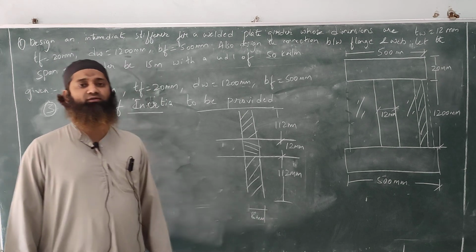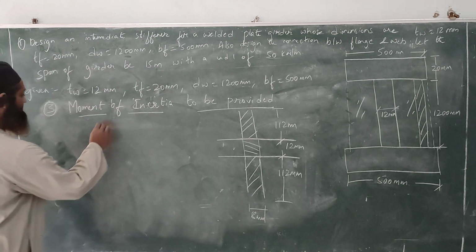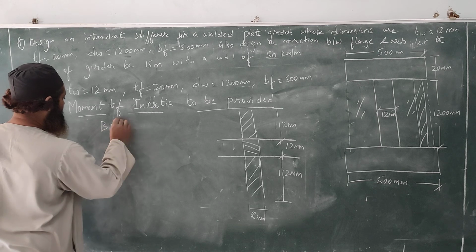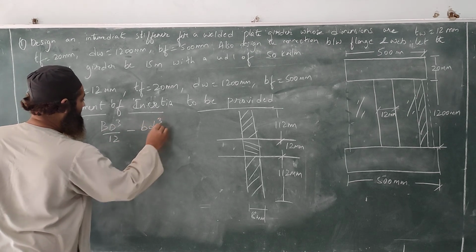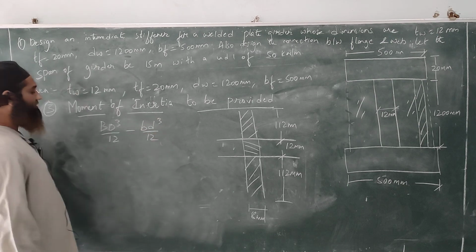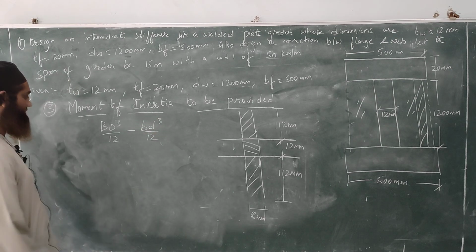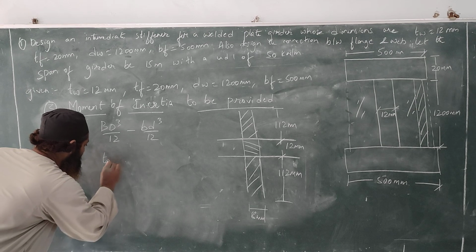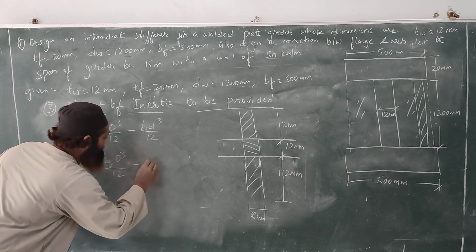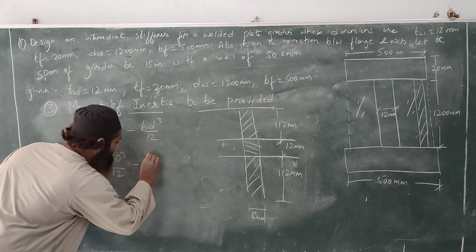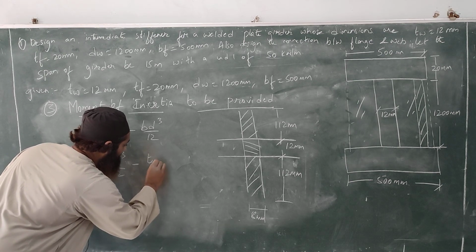So here, what is the moment of inertia provided? We'll be seeing this as BD cube by 12 minus bd cube by 12. Now what is this B?